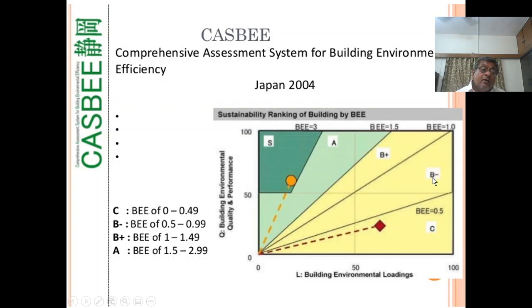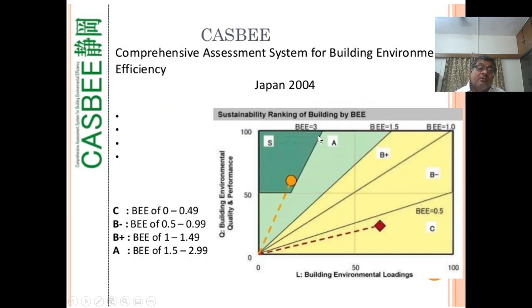Here it is above 0.5, so it is B negative. This one slightly higher is B positive. Here the point becomes, sorry, 1.0. Here building environment rating is 1.5, and here it is 3.